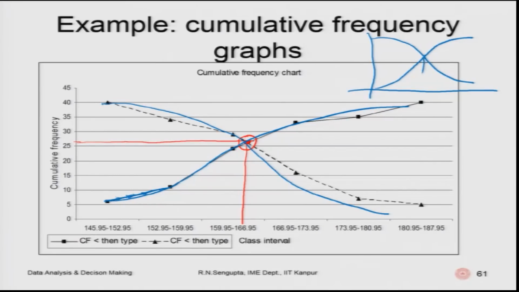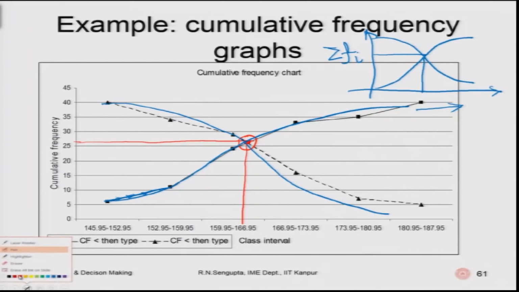So, the midpoint which I have will give me the median. This is the summation of the less than type or greater than type, and you have the class intervals here. So, this value which I have is the median.